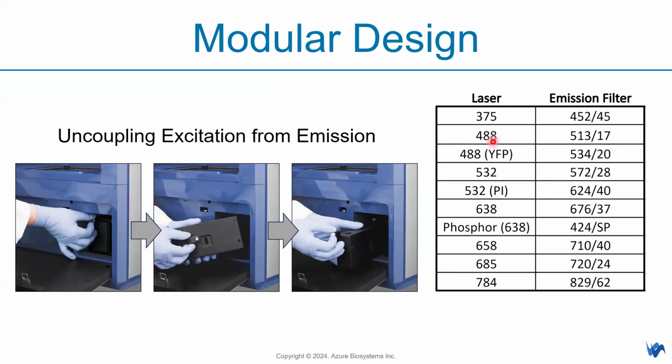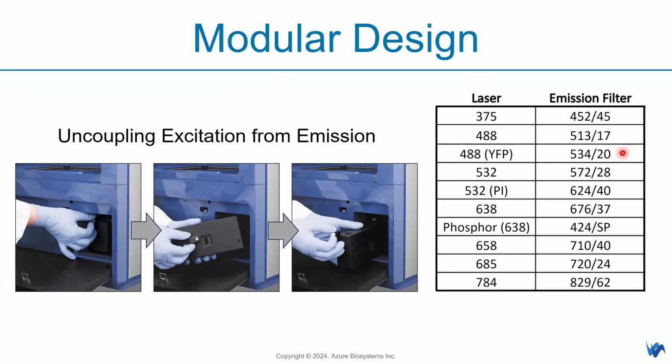One example you can see here is the standard 488, which will have the laser 488 emission filter in 513. But in yellow fluorescence protein, the emission filter is ranged from the 534. So we have custom emission filters.